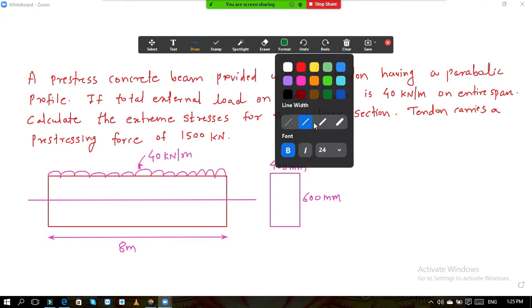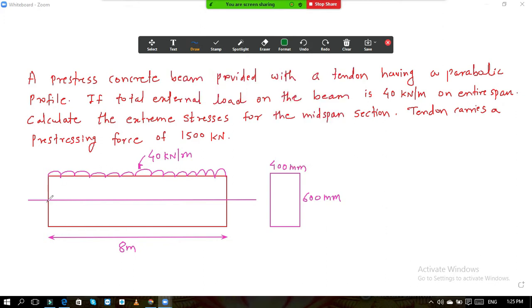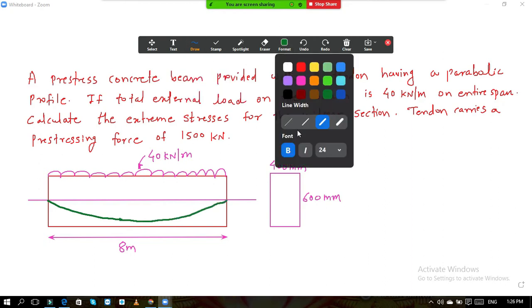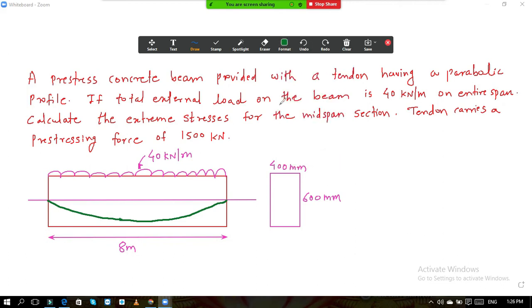So now this type of tendon is given. This is the parabolic tendon, and the eccentricity of the tendon is 100 mm.